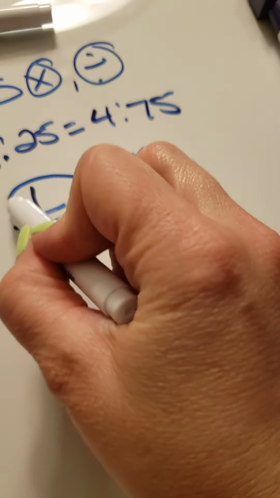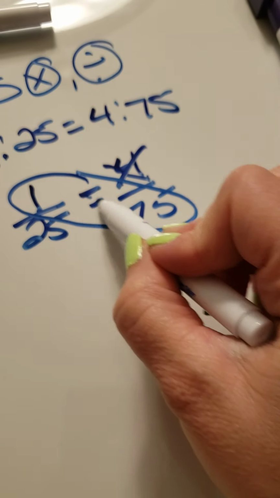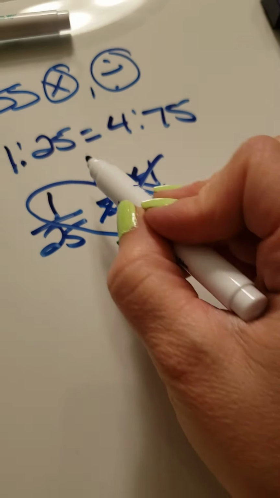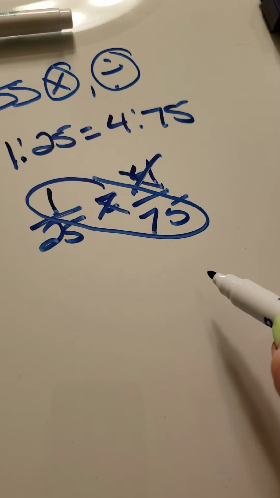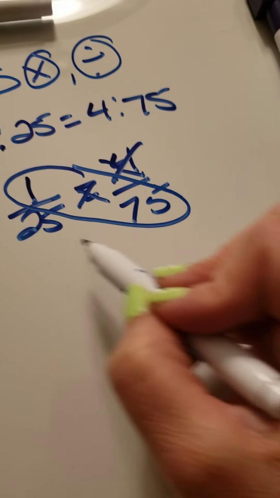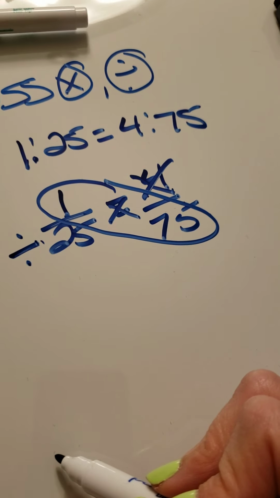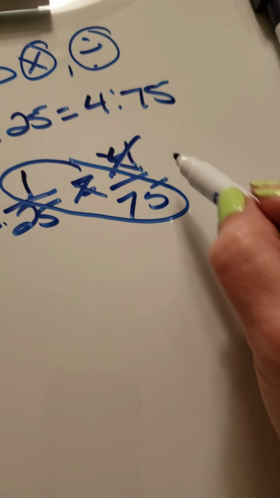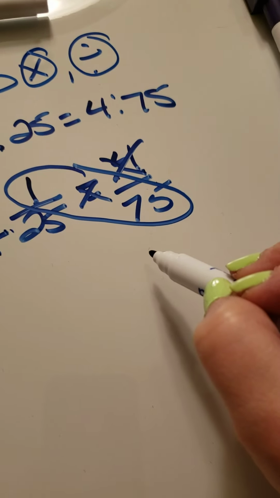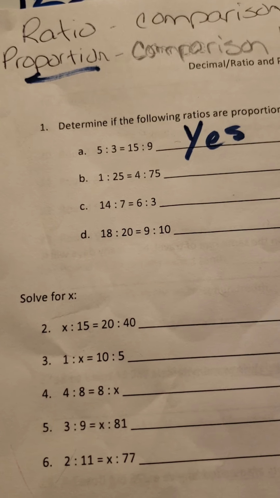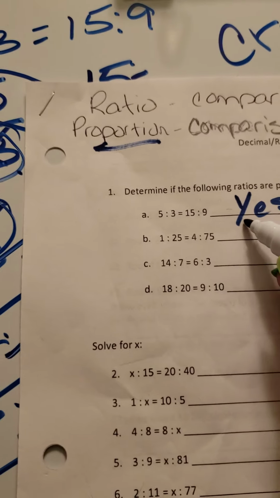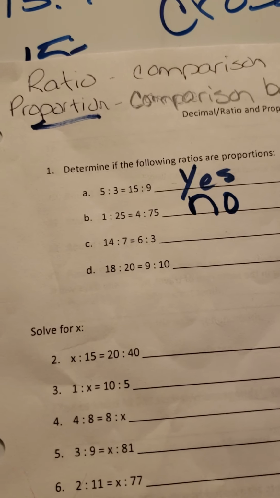Cross multiply. 1 times 75 is 75, divided by my lonely number of 25 is 3. I did not get 4. So for B, it is not a proportion. It is just a ratio. So the answer is no.